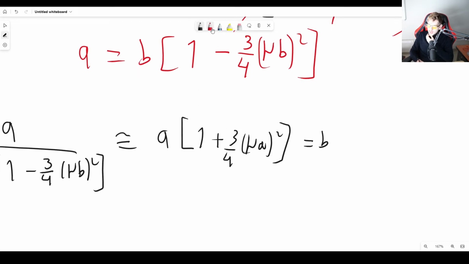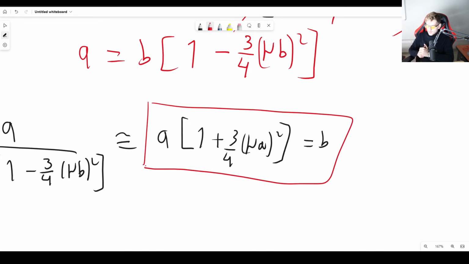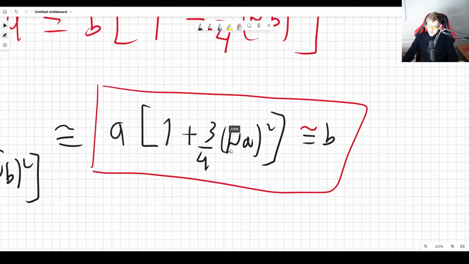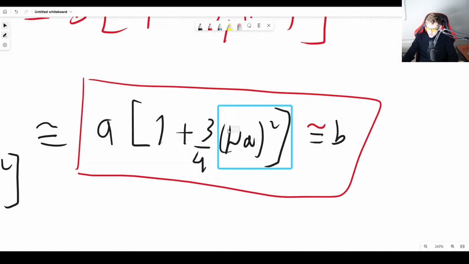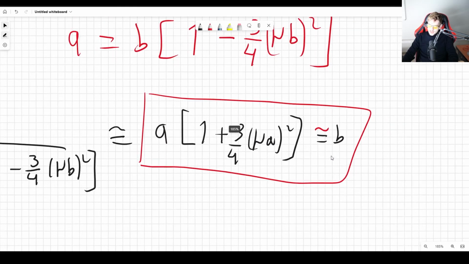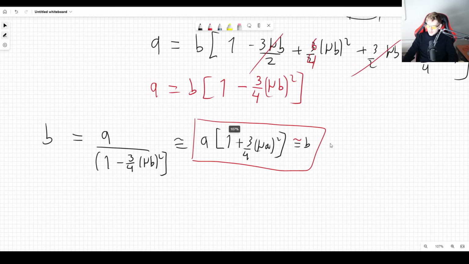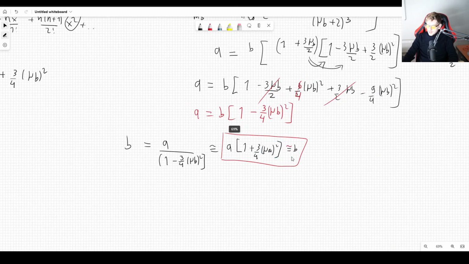So that way we can find a very good formula for b, which is exactly this. Of course, it is an approximate formula. So what we did there is that, because b is basically a plus some very small factor, in that small factor we said, all right, this is the same as a. It's going to make a very small difference, so might as well put it in there, and we will get a very reasonable result. So this is our value for b.